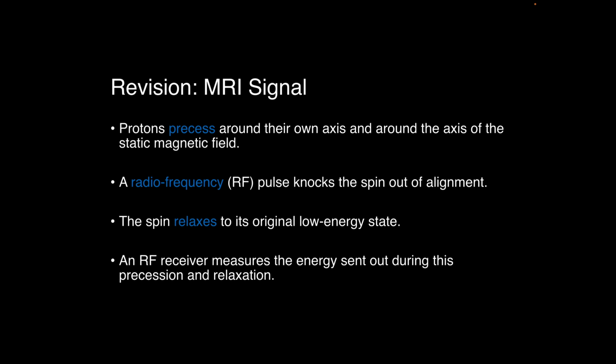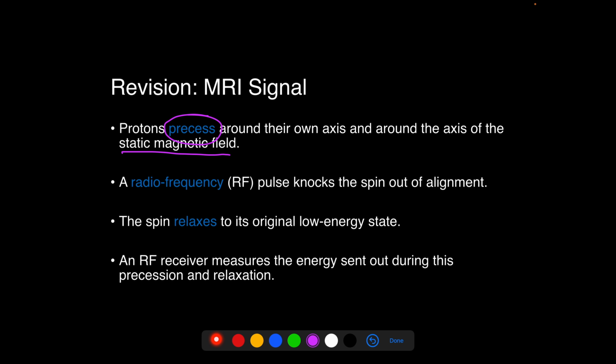So a quick revision on the MRI signal. The signal starts with protons or spins, which precess around their own axes and around the axes of the static magnetic field, which they call B0 in the scientific literature. We use a radio frequency pulse to essentially knock the spin out of alignment.